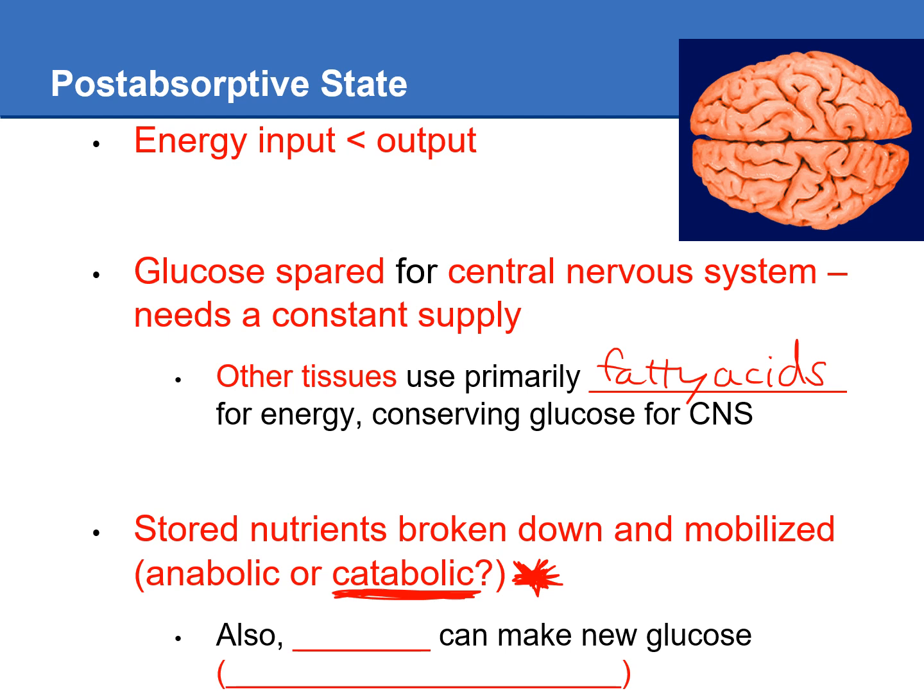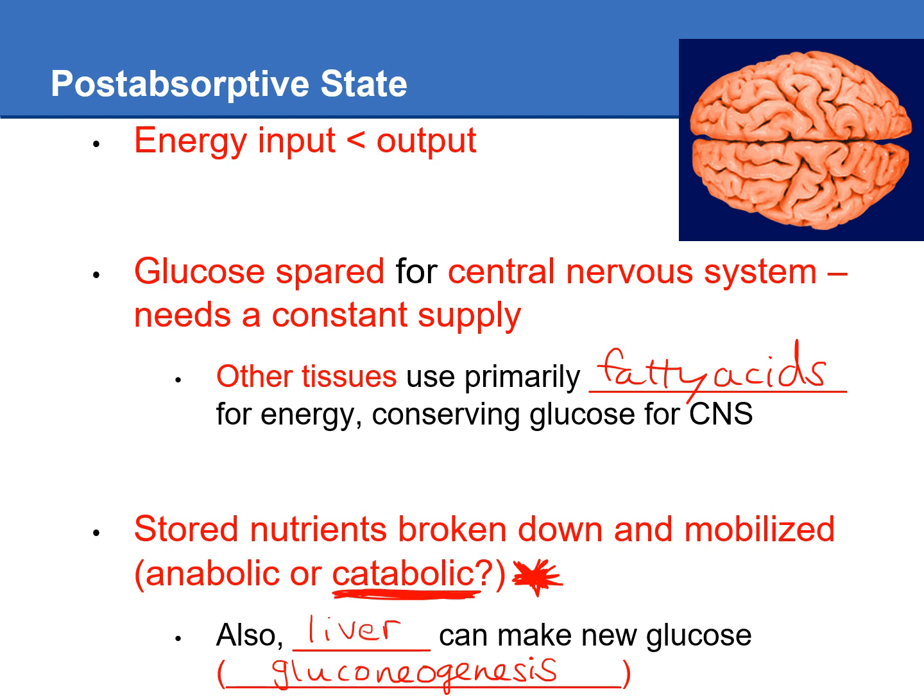And then the other thing we're also going to be doing during the post-absorptive state to help raise the glucose level is we're going to be making some new glucose from non-carbohydrate molecules. So remember, that's called gluconeogenesis. And do you remember which organ does gluconeogenesis?